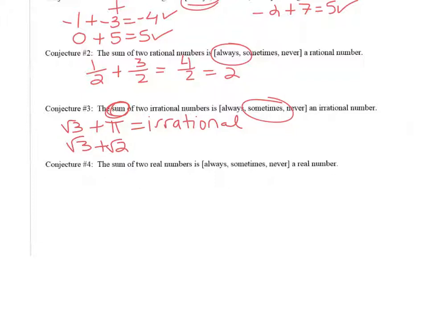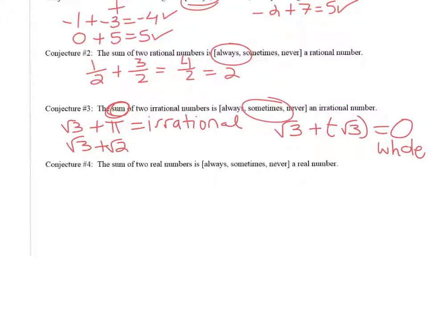But what if we add a positive and a negative? So root 3 plus negative root 3 is 0. And 0 is not irrational. It is the most specific one you can choose, a whole number. So that is why the answer is sometimes.